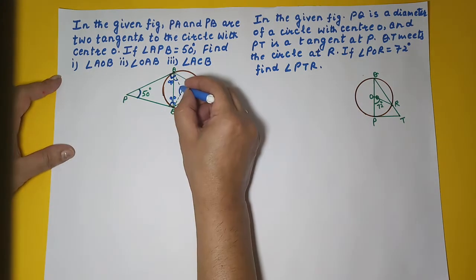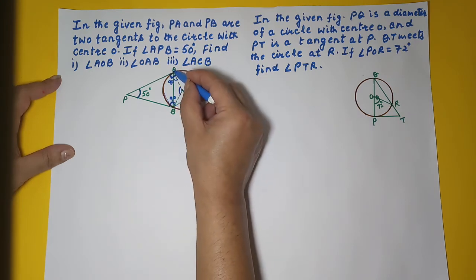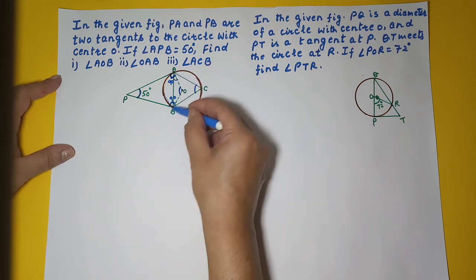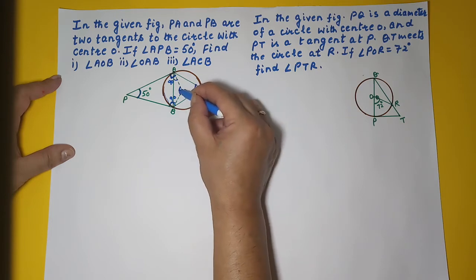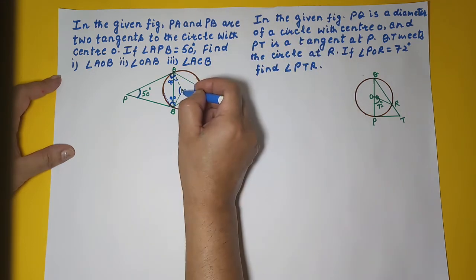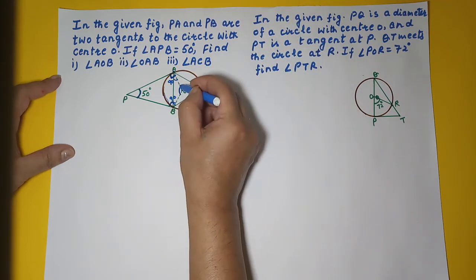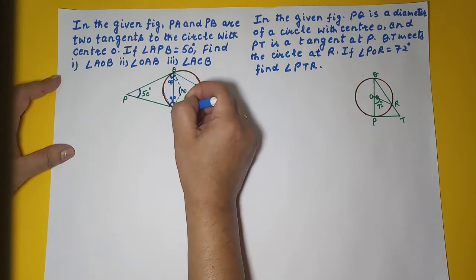After you calculate angle AOB, you see this arc AB, it subtends angle AOB at the center and angle ACB at the circumference. So this angle will be half of this angle, right? We know the theorem. Fine. So once you have done this, you will come to this triangle AOB. In this you have this angle and OA is equal to OB.